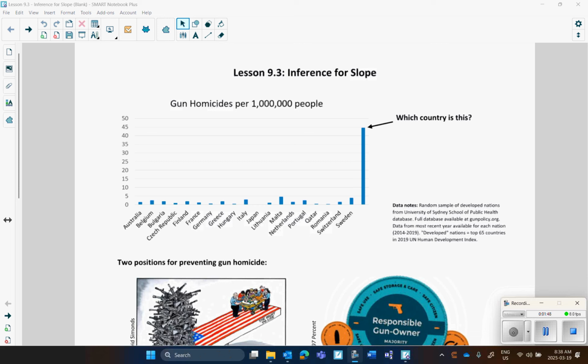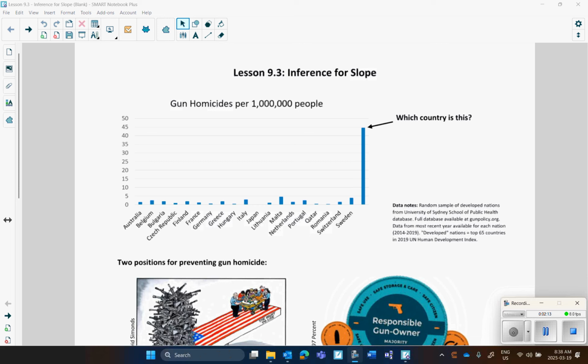So the example we're going to look at today is gun ownership versus gun homicides in different countries. So here you see a bar graph with several countries where the x-axis represents the country and the y-axis represents the number of homicides per 1 million people.